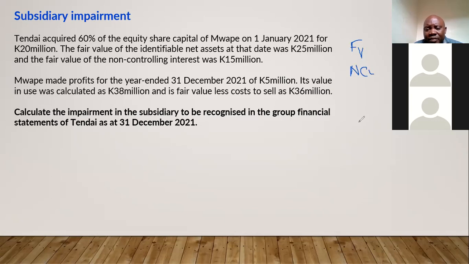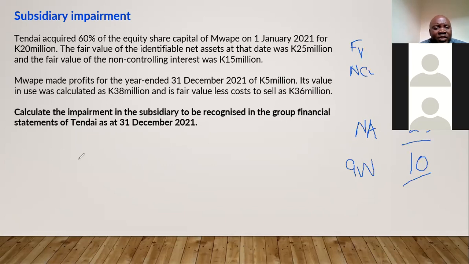Then we have the net assets at the time of acquisition, which is 25. Is it 25? Yes, 25. So giving us goodwill of 10. Mwape made profits for the year ended 31st December 2021 of 5 million.